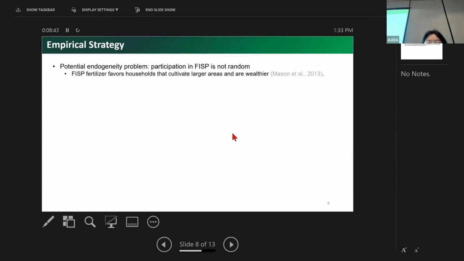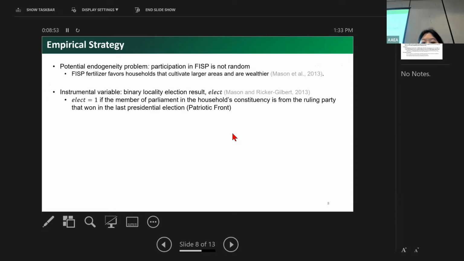This is because we are concerned that participation in FISP is not random. Households can self-select into applying and getting the subsidized fertilizer. So based on the literature, we use locality election results as our instrument. This election variable is 1 if the member of parliament in the household's constituency is from the ruling party that won the last presidential election.